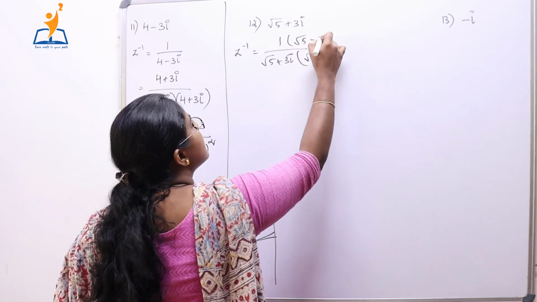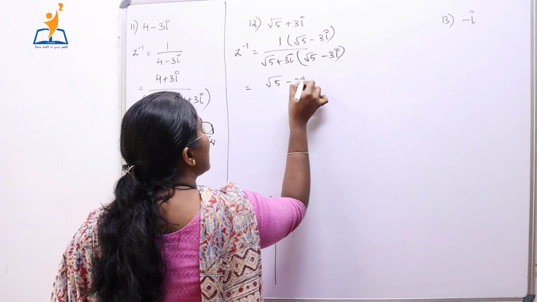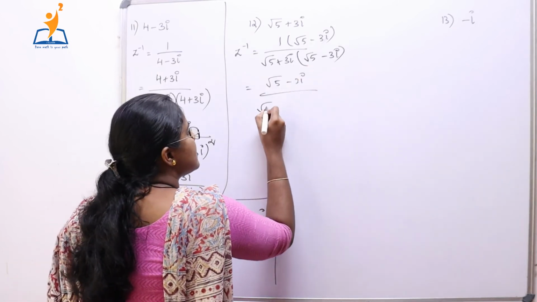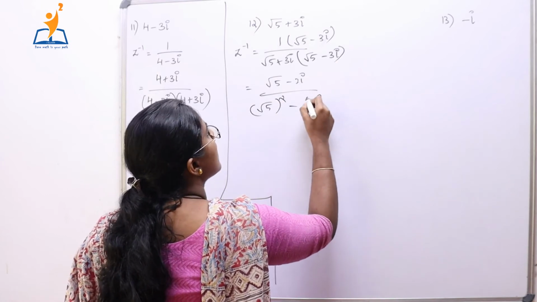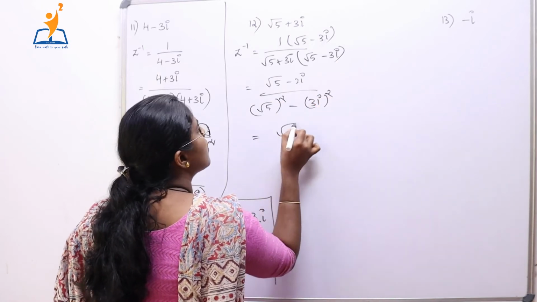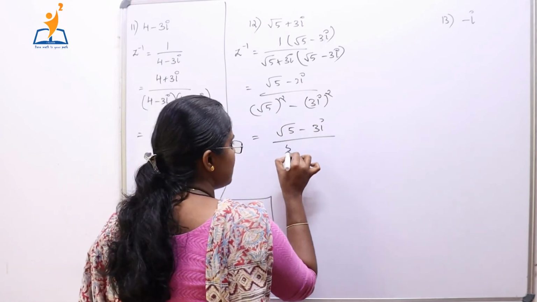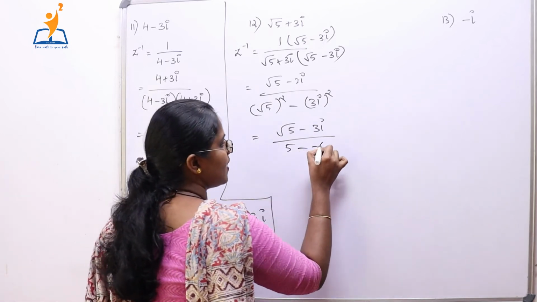Now we want to multiply it in the numerator too: root 5 minus 3i. So it is root 5 minus 3i divided by (a plus b) into (a minus b), that is a square minus b square. b square is (3i) square. Now root 5 minus 3i divided by root 5 square, which is simply 5, minus (3i) square, which is minus 9.